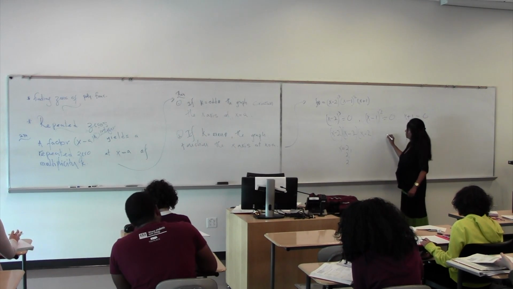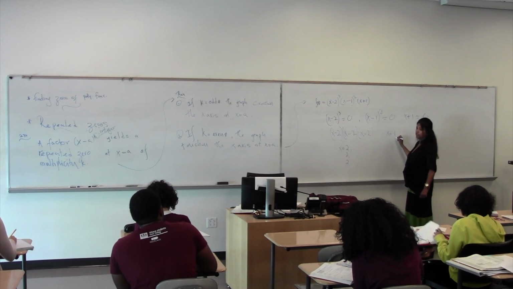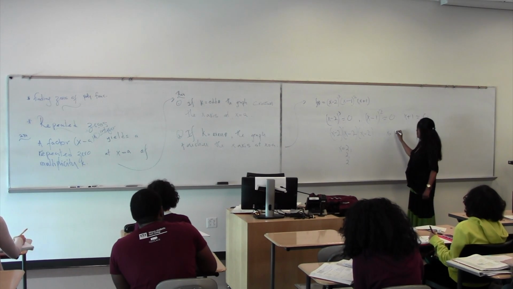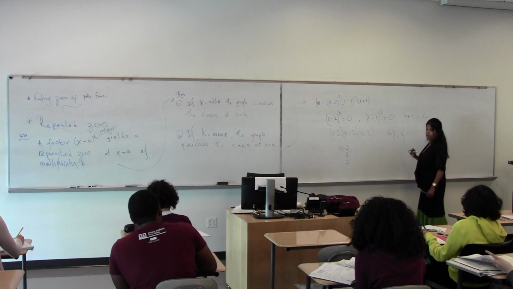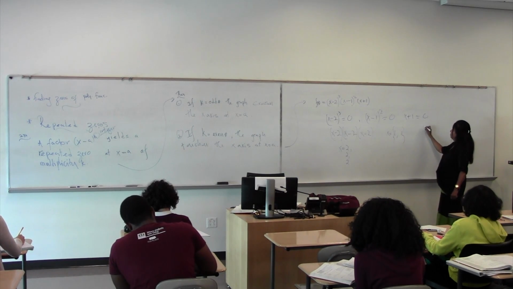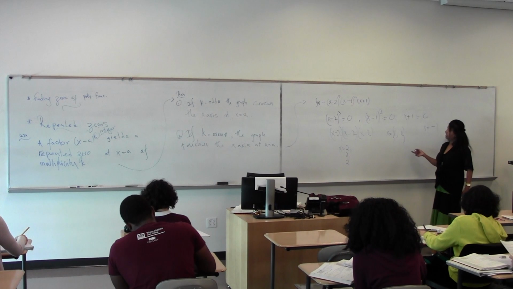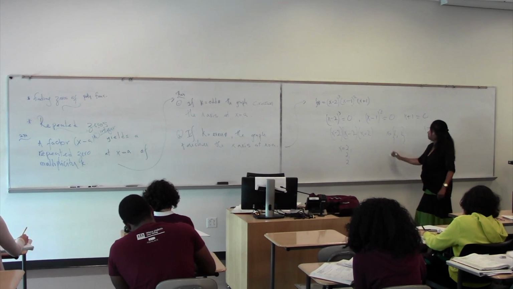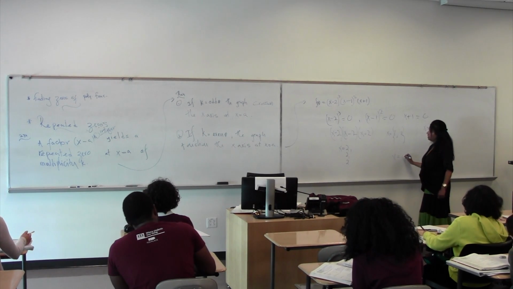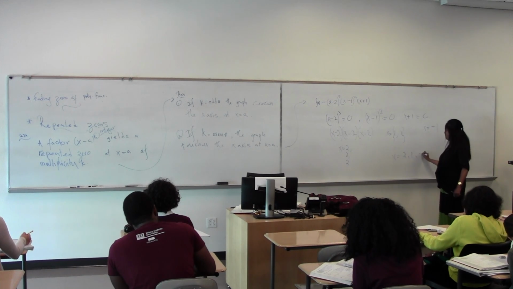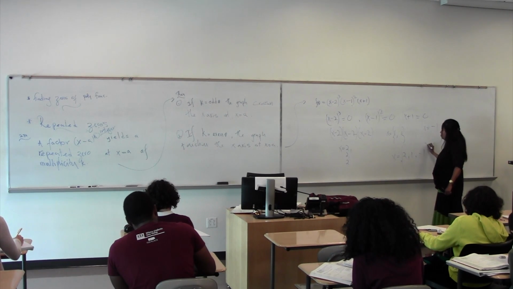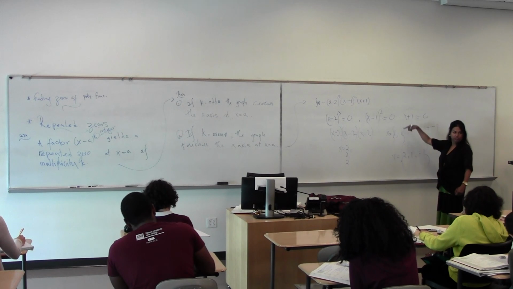How many x values equal to 1 do we have? 1 and 1, 2 x values, right? This is how we solve. But if I ask you to solve this, we only write x equal to 2, 1 and negative 1. We don't put 3 answers when we ask to solve this.